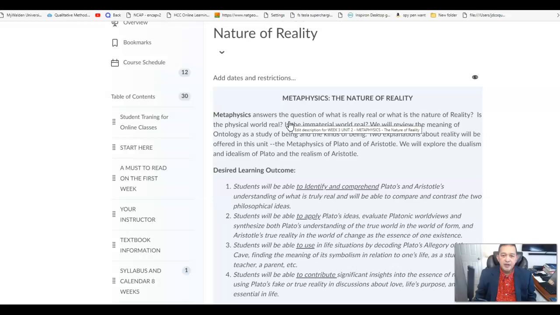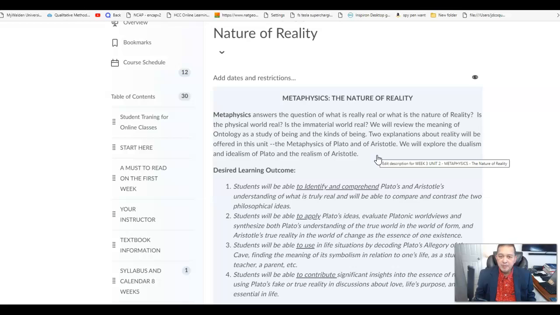So there is a metaphysical demand for investigation, finding out the true nature of our experience. Okay, so if you look at the world, is the physical world the true reality or not? Or is the immaterial world a true reality or not?